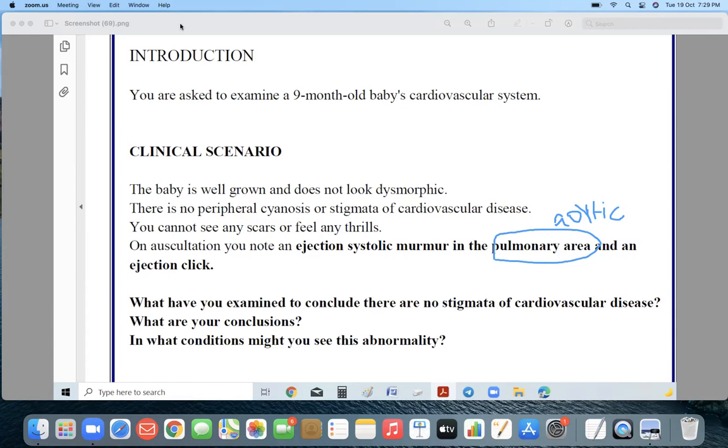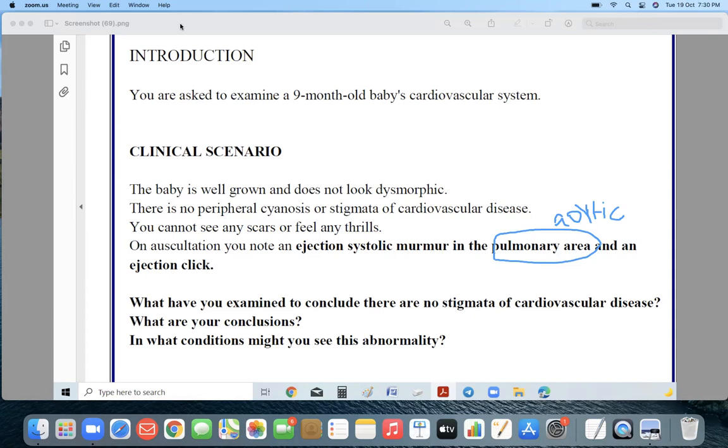For management, as the child is in failure, we will have to educate the parents about the diagnosis, and involve a multidisciplinary team: the pediatrician, our consultant, the cardiologist and the dietitian. As the child is in failure, he may need medicine prescribed by the cardiologist.